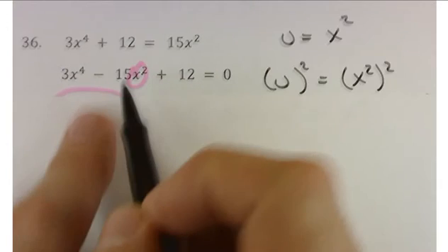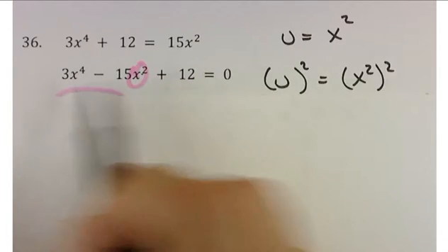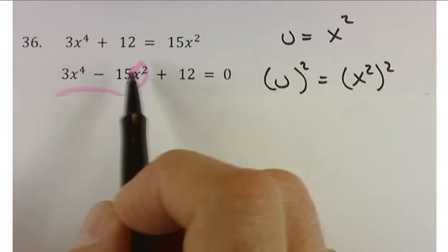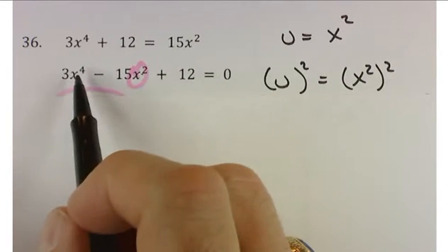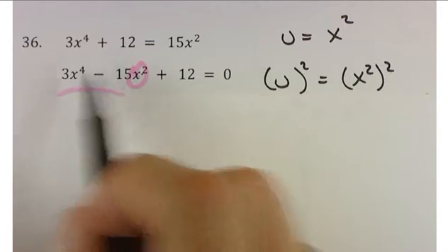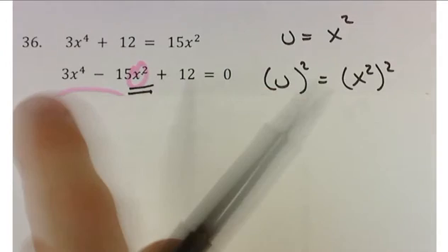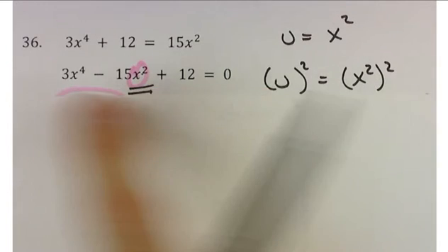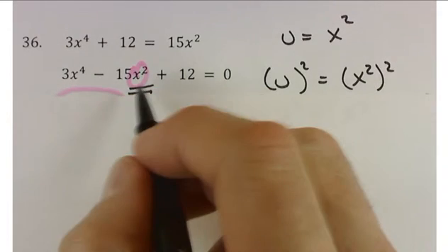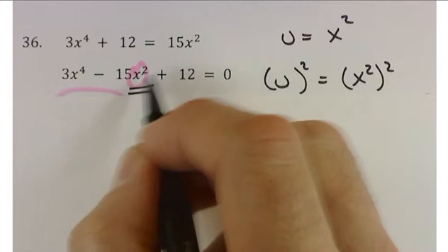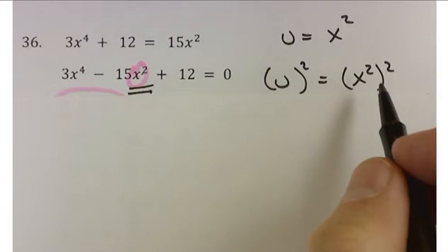We can do that because it's quadratic in form. These exponents line up. This one is half this one, or this one is twice this one. Either way you want to look at it. Now, when this is the case, then you can let u equal this middle term. It's just a quick substitution. U equals that.